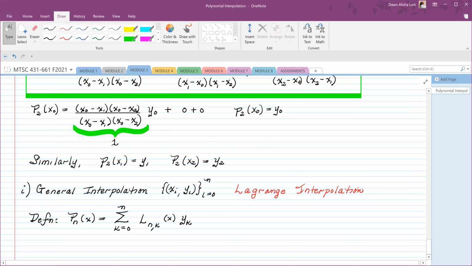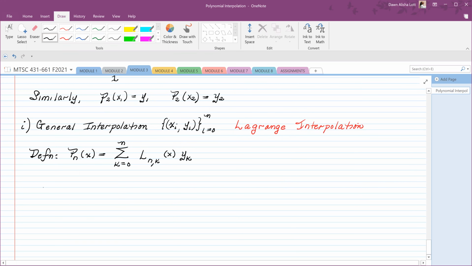For this Pn of x, the first one is going to be Ln0 of x times y0 plus Ln1 of x times y1, and this goes all the way over to Lnn of x times yn.